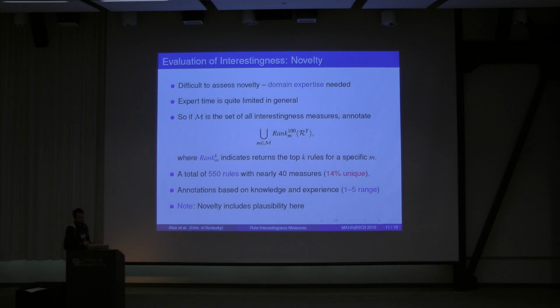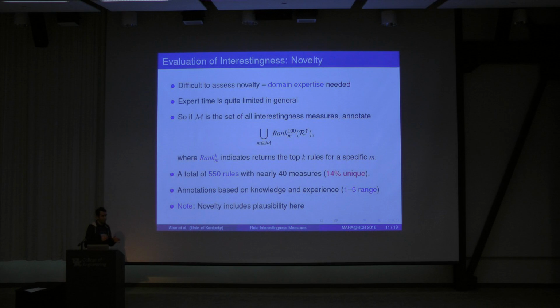Then the interestingness measures, we need to evaluate these measures. To evaluate them, we also need medical domain expertise, which is very hard to find, because their time has high value, and it's limited in general.